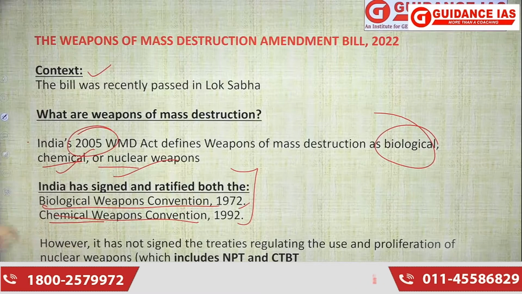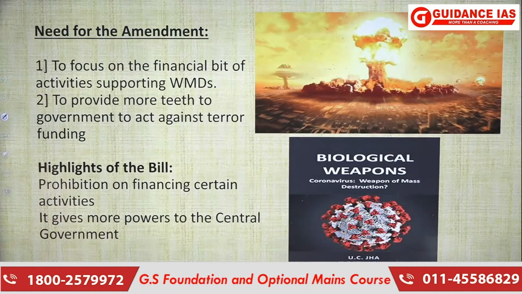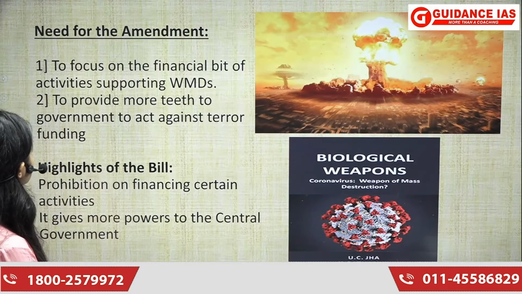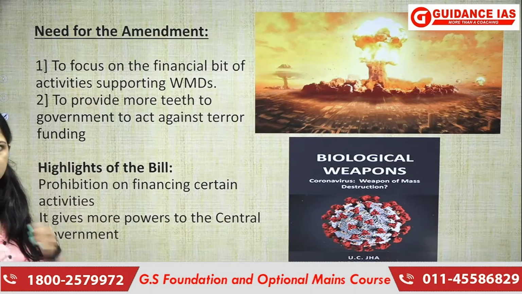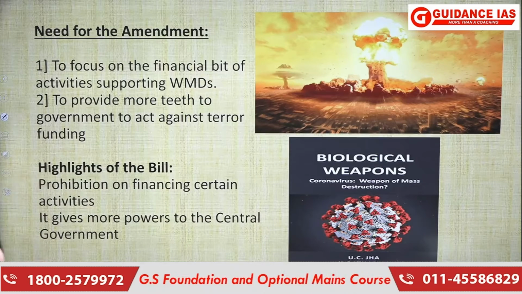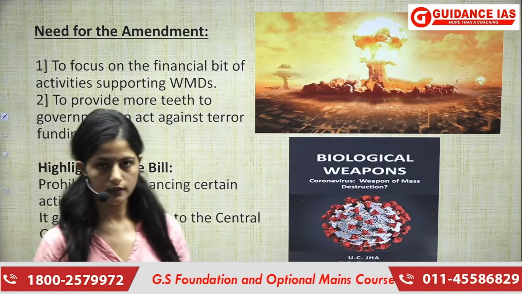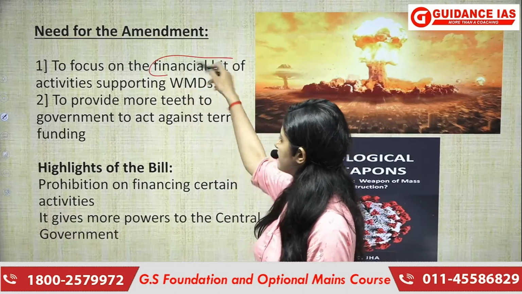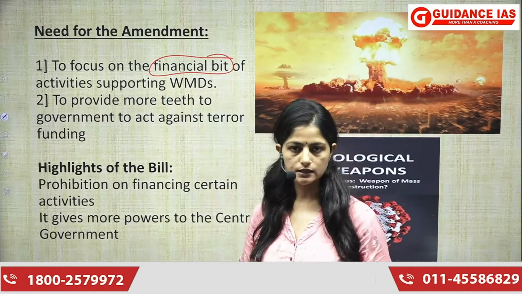Moving ahead with our next topic. Okay, the 2-3 points are still left. What was the need for the amendment? Though I have already covered the need, हम need already cover कर चुके हैं, ठीक है? But I would again like to repeat this. The first is finances को आज तक हमने cover नहीं किया था in our previous act.